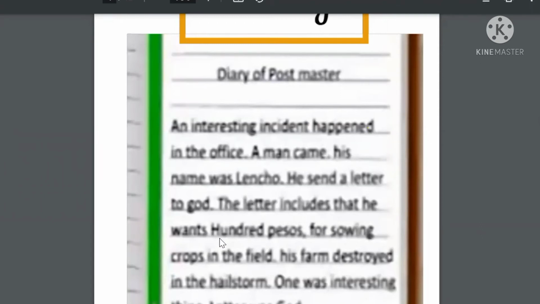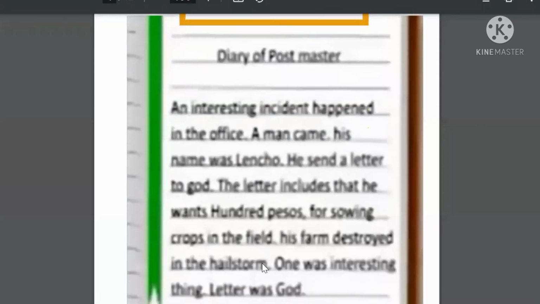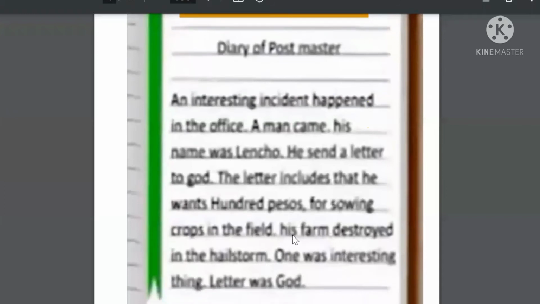Wanted 100 pesos. This H, if we want, there is no problem writing it as small letter. So we should make this sentence correct. Then put a comma here: for sowing crops in the field. It's okay. Okay.